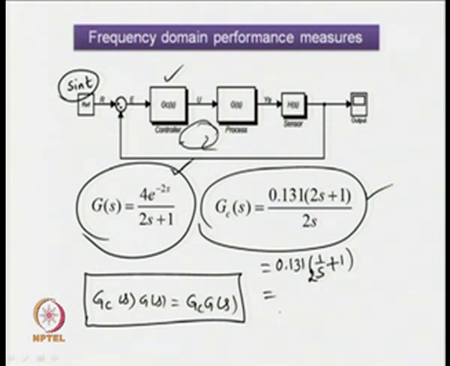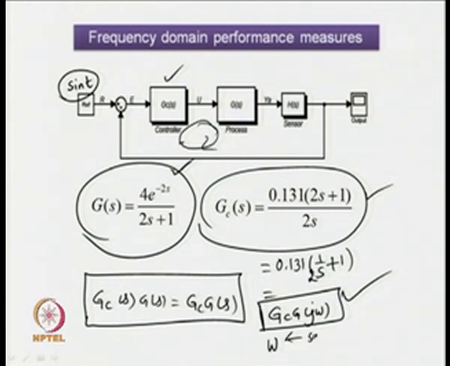When the loop gain is analyzed by substituting j omega for s, we get the frequency response characteristics of the system. So, now we shall concentrate on the loop gain which is available in the form of G C G j omega, where omega is the set of frequencies applied to the system in the form of sinusoidal inputs with various input frequencies.